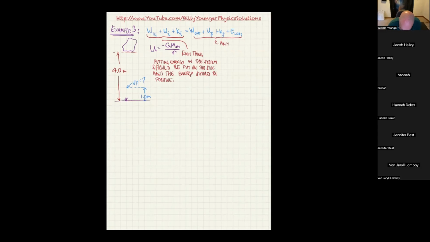Anything taking energy out, or anything removing energy from the system, should be positive, and on this side.